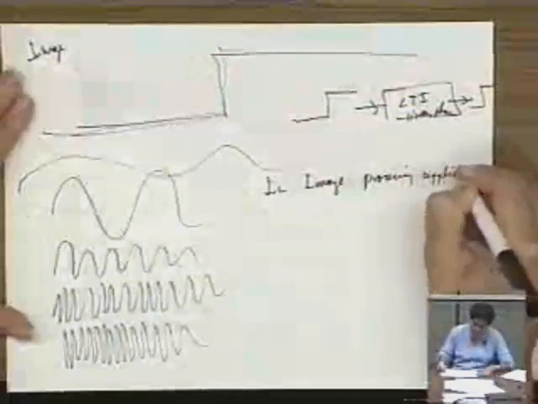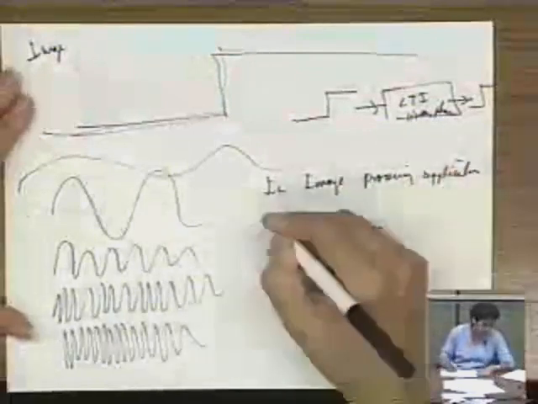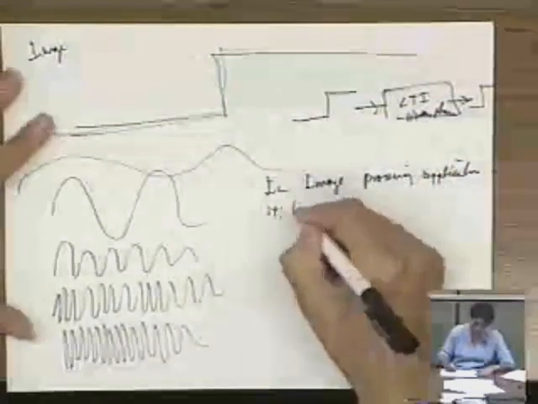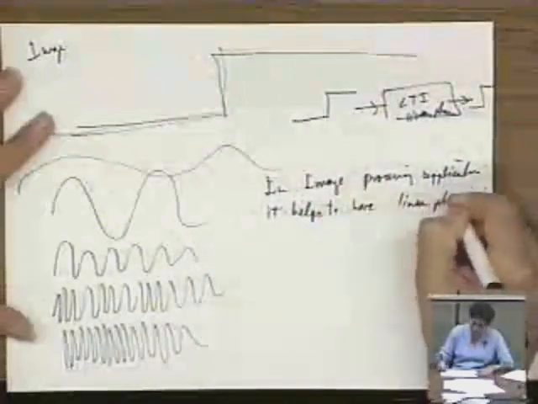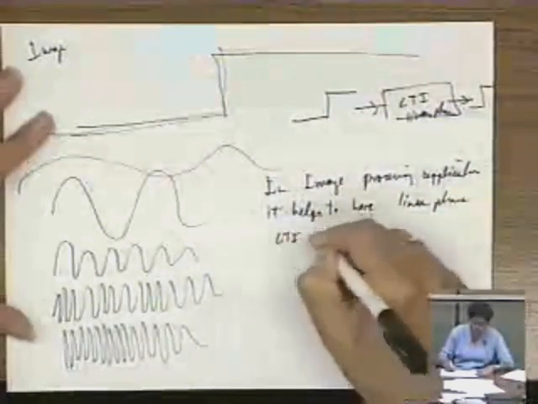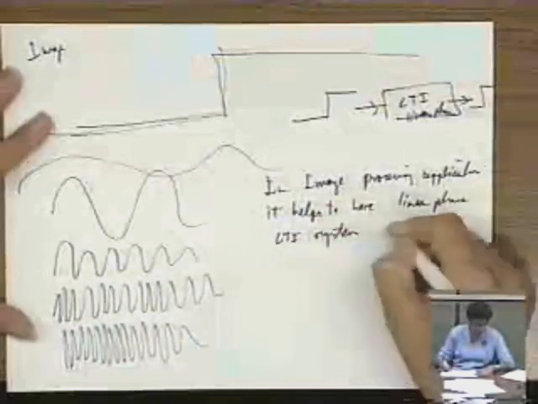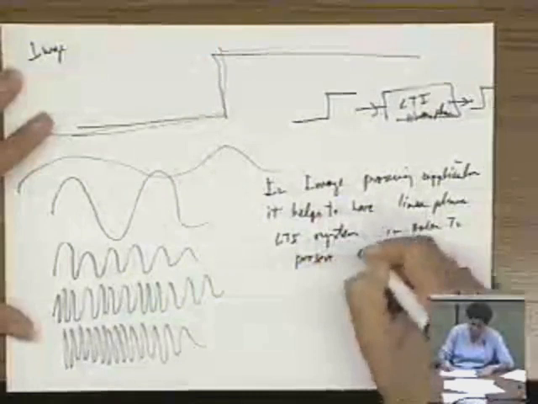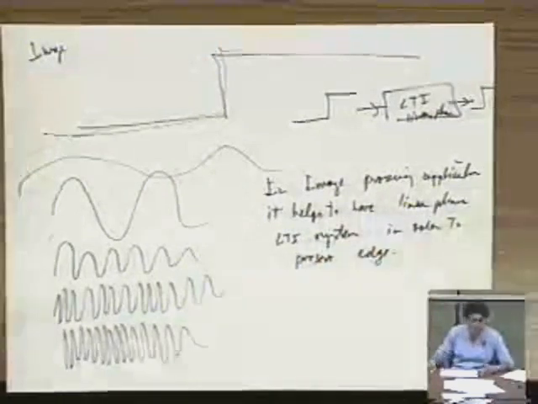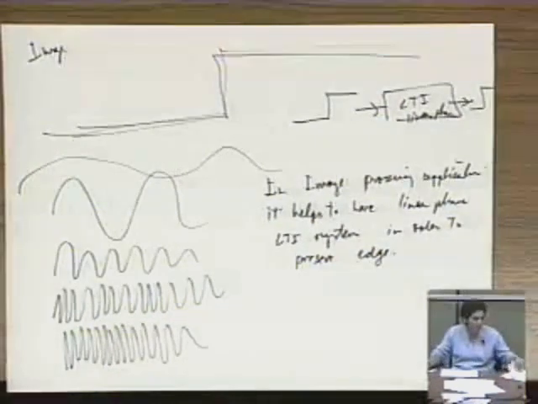Okay? So what I'm trying to say is that in image processing applications, as an example, it helps to have linear phase LTI systems in order to preserve edges.